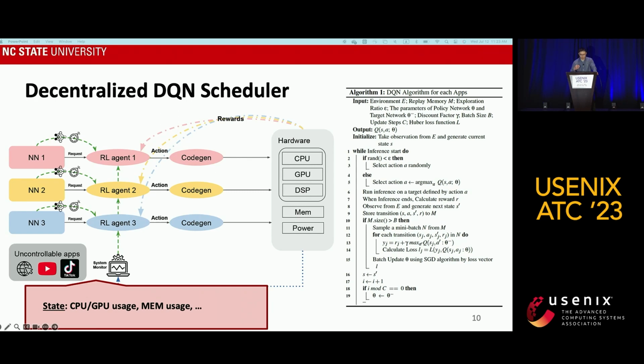The action means which kind of code generation or configuration to use. This method satisfies the isolated environment because each controllable application does not depend on any information directly from other applications. We also include some uncontrollable apps like the web browser, YouTube, and TikTok. We call them uncontrollable because they do not contain our reinforcement learning agent inside.